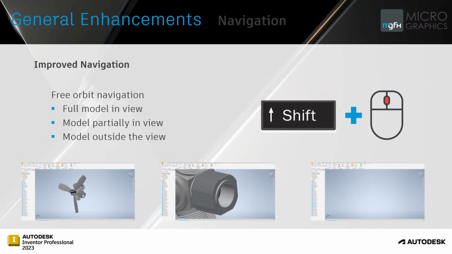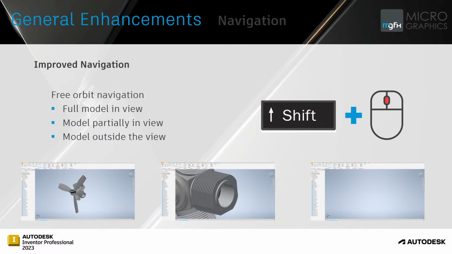There is also an improved navigation system. So we are familiar, or we should all be familiar, with the shortcut to navigate if you use the shift and the middle mouse button. So it works with 3-button mouse or 3-button mice, of course, which are basically all mice these days. Of course, we know that the shortcut to orbit is to hold shift and the middle click button.